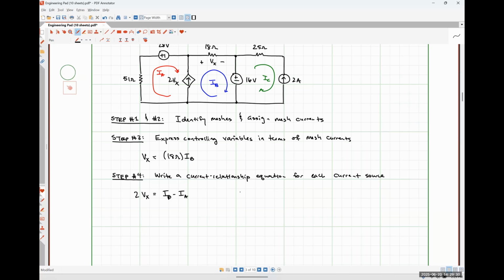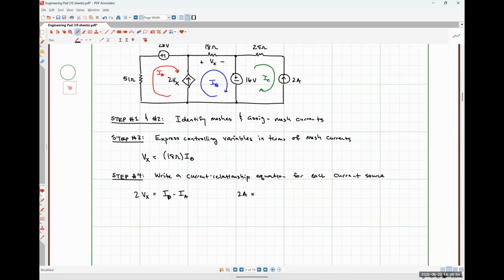Now over here to the right, we'll tackle our 2 amp source. Because this 2 amp source is only touching mesh C, we're only going to have the IC term. So now the question is, if IC is flowing in the same direction as our current source, it gets a plus sign.